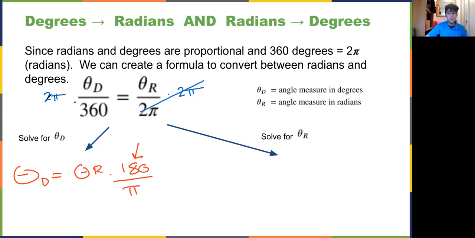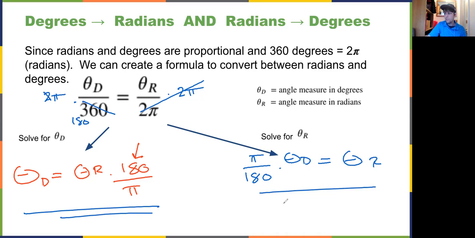Well, 2 and that are both divisible by 2, so we end up with pi over 180 times the angle measurement in degrees is going to equal the angle measurement in radians. So there we go. Similar idea. To find the angle measurement in radians, I take my degree measurement and multiply it by pi over 180. These are going to be two very useful formulas for us to convert back and forth.